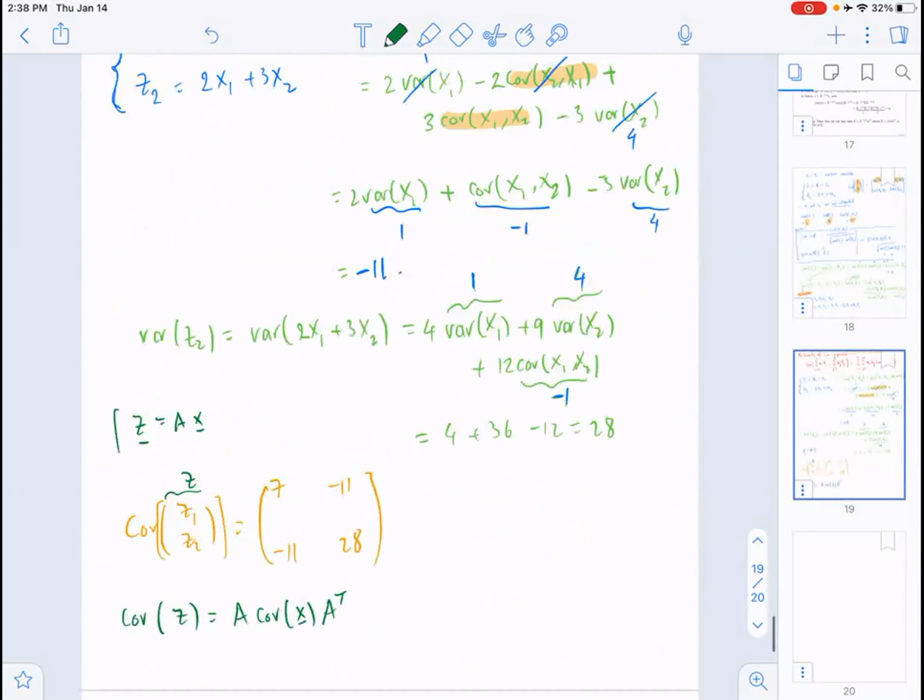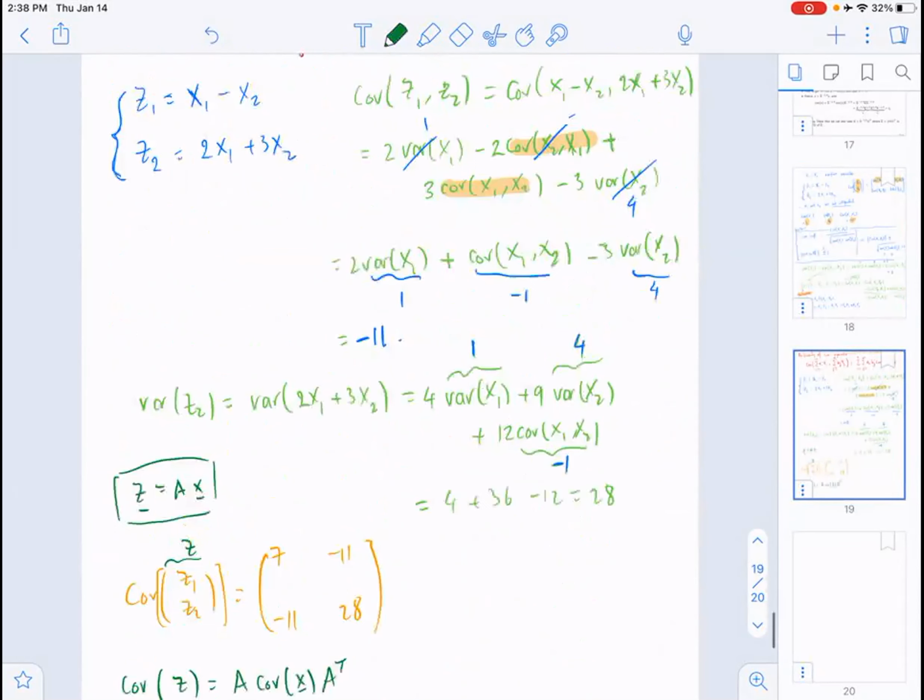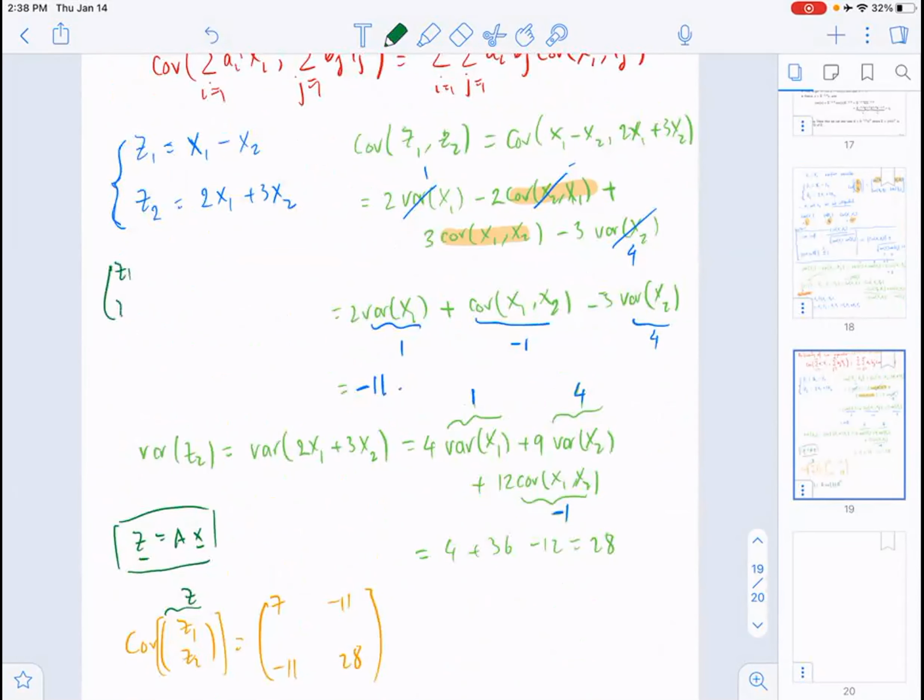So can I write vector z as a matrix times x1, x2? So maybe think a little bit about that.